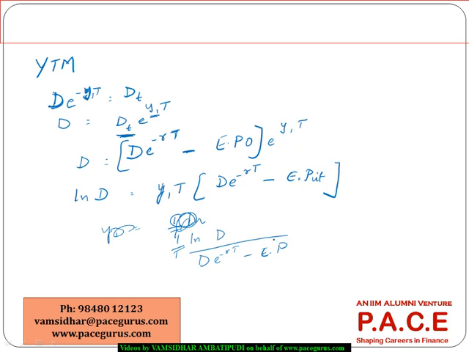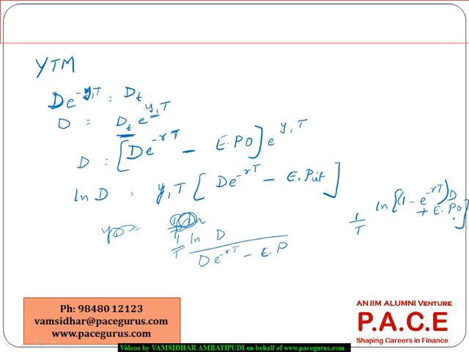So from here I can compute the value of y, which results in 1 by t times the log of 1 minus e to the power minus rt into d plus the price of the European put option. So this is how we can compute the yield to maturity from this equation. And subtracting r from both sides gives me the credit spread associated with this kind of Merton model for this particular kind of security.